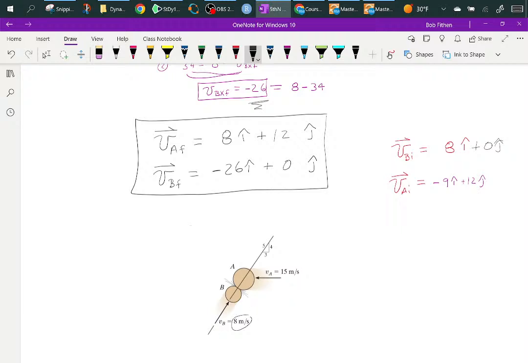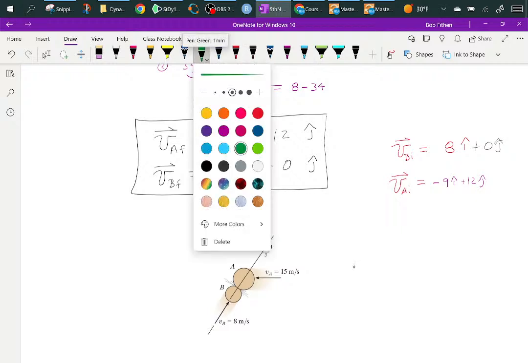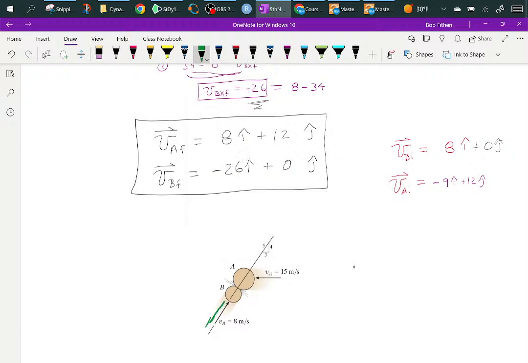It got hit by something that's larger, so its velocity starts going in the reverse direction, a value of 26.